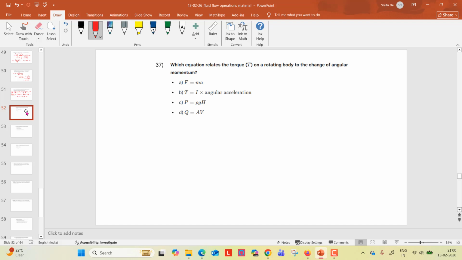So it is the option B, T equals I alpha, moment of inertia into angular acceleration.